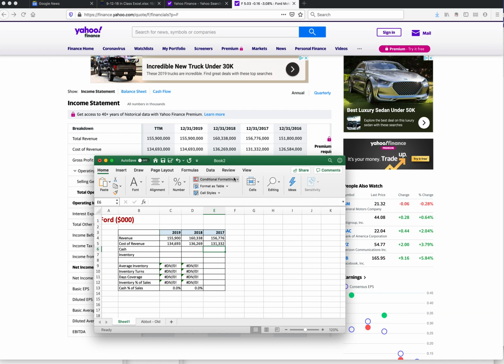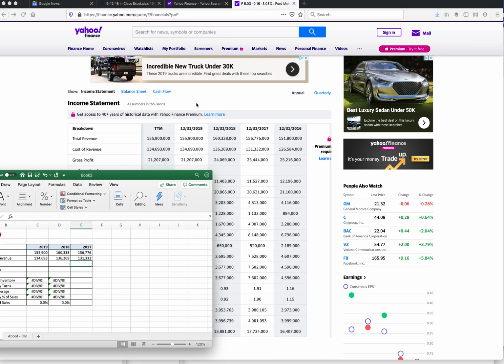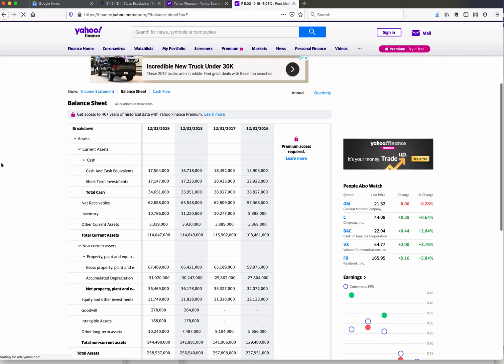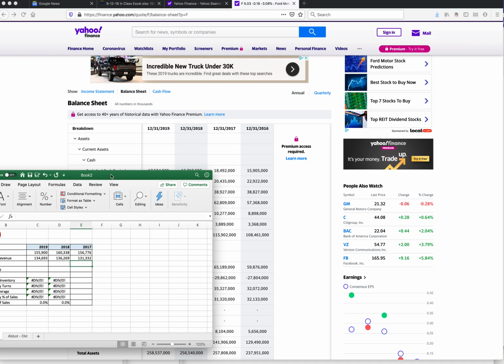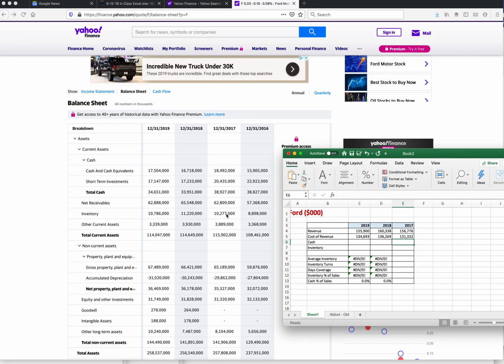Now, cash and inventory are in a different location. I've got to go to the balance sheet to get those. So I bring my sheet back over here. And if I want to look at inventory, it's right here. There are 3 years. So they have $10 billion of inventory at any given time, 11 and 10.